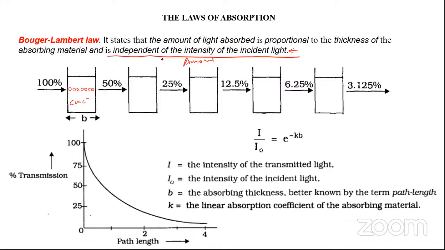Obviously, it has to reduce when you're talking about absorption, right? And that will happen even when there is a single molecule in the path. But what we are talking about is that the reduction is proportional to the number of molecules. That's what we just proved. Now, if that is true, okay, Alia, go ahead.